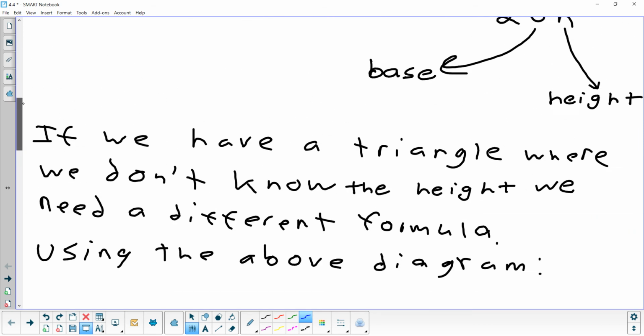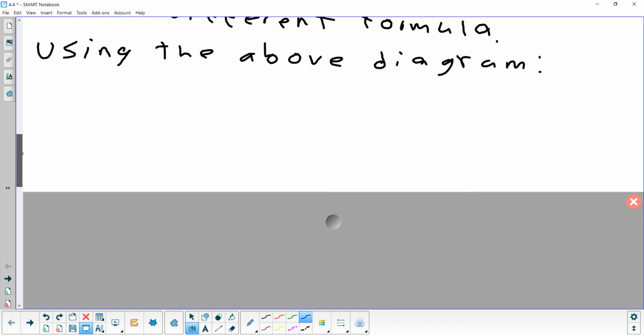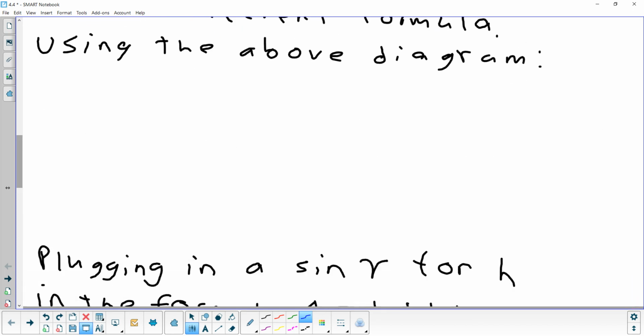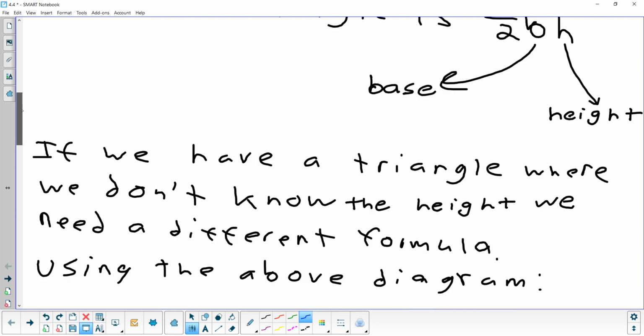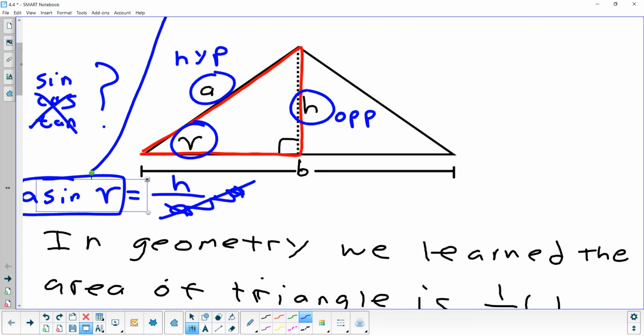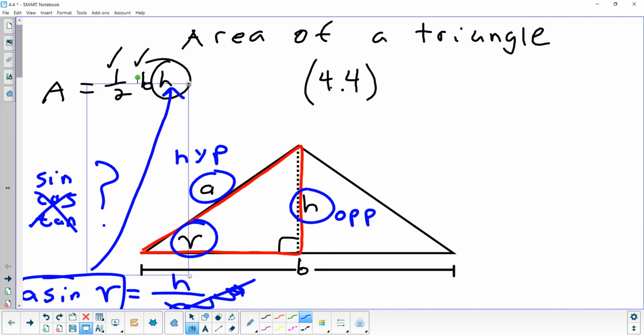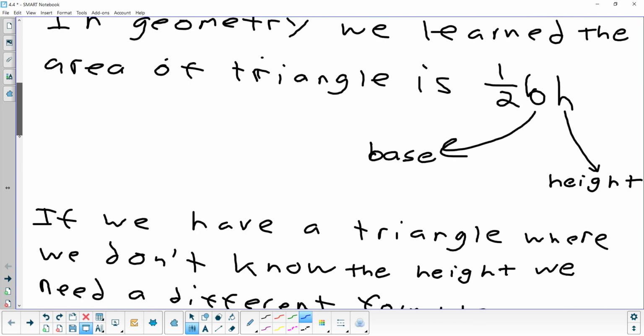So using the above diagram, we already went through all that. So now plug in A sine gamma for H. That's what we wrote down right here. Plug in A sine gamma for H. Now let's see what we got.